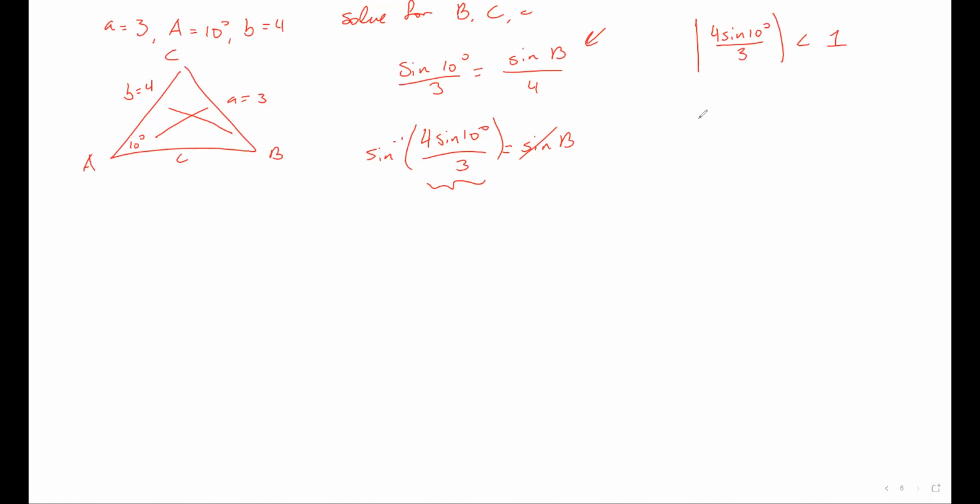Because the output of sine only gives us values between -1 and 1, it's the opposite for the inverse. It only takes in values between -1 and 1. So for it to be valid, that has to be true. Okay, so let's figure out what this is. So sine inverse of 4 sine of 10 degrees over 3.